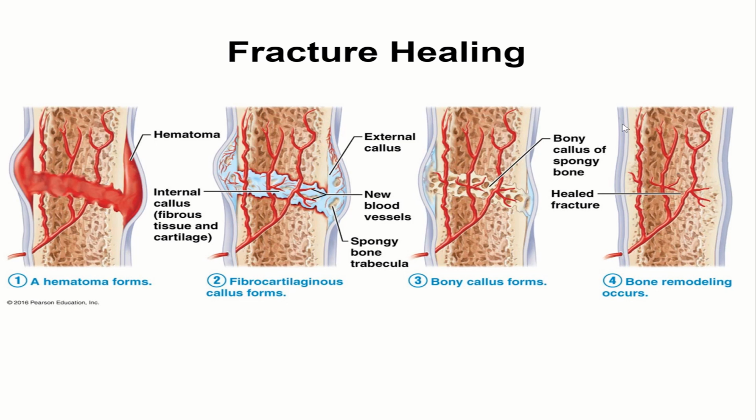And then we have the final stage, which is bone remodeling. So we'll actually reshape the bone in order to no longer have this bulge on either side of the break and actually get the bone to be the proper shape.